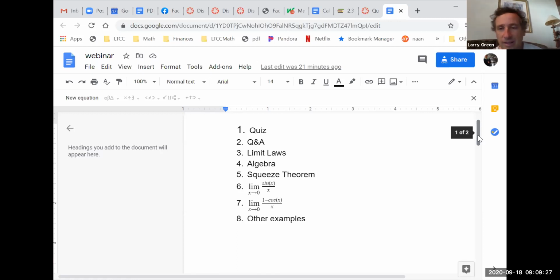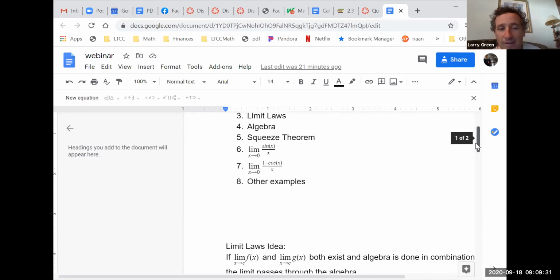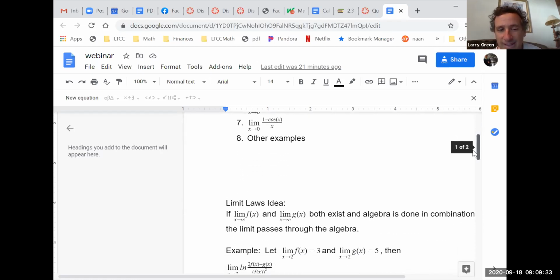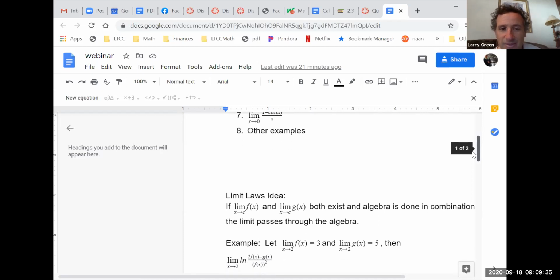So we're going to be dealing with algebra, and we have this beautiful limit law, which I'm going to state in kind of easy tone, and that is the following. If the limit as x goes to c of f of x and the limit as x goes to c of g of x both exist, okay, you have to have them existing. If they don't exist, it's over basically, okay? And algebra is done in combination.